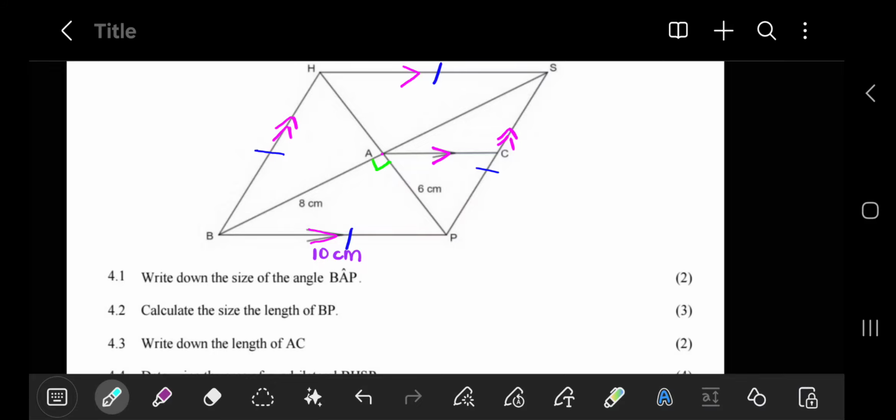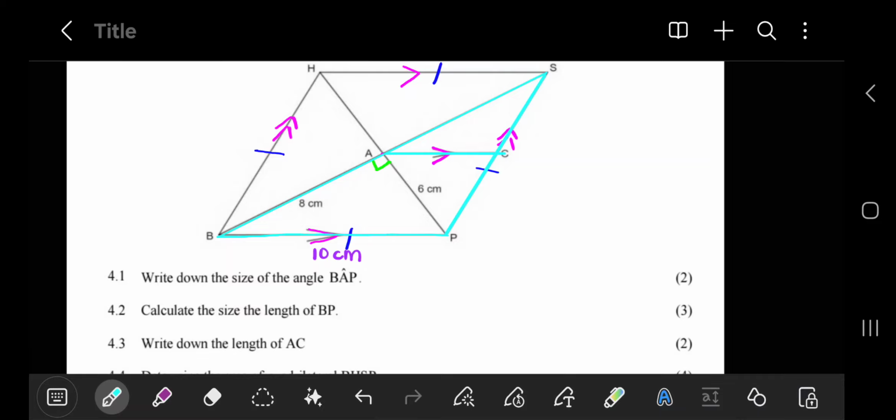Now 4.3, write down the length of AC. I want you guys to focus on this triangle, SPB. So in triangle SPB, including the line AC, I want you guys to notice that this is your midpoint theorem triangle.